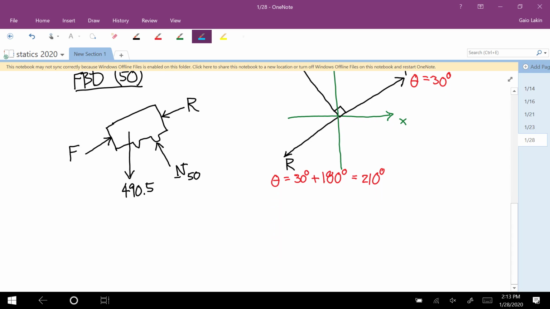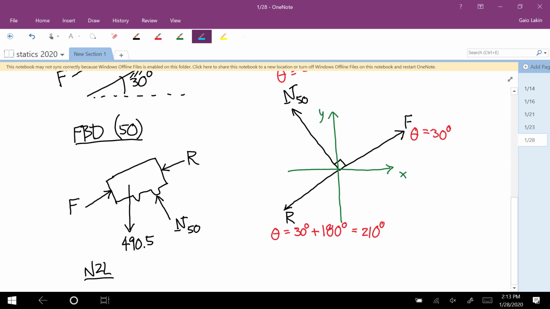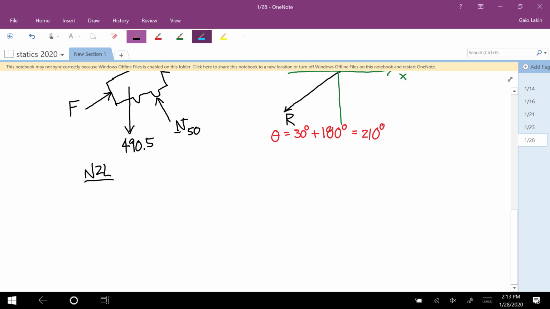And then we can go to Newton's second law. So we have the weight force, 0, negative 490.5. And then we have F times cosine and sine of 30.